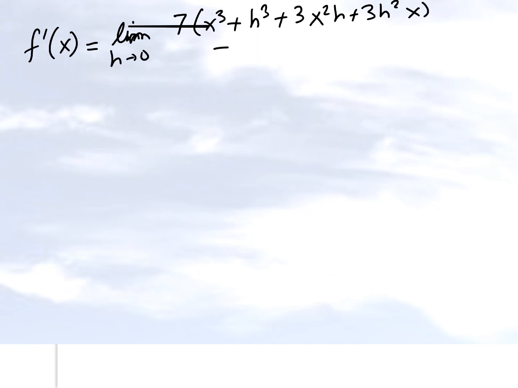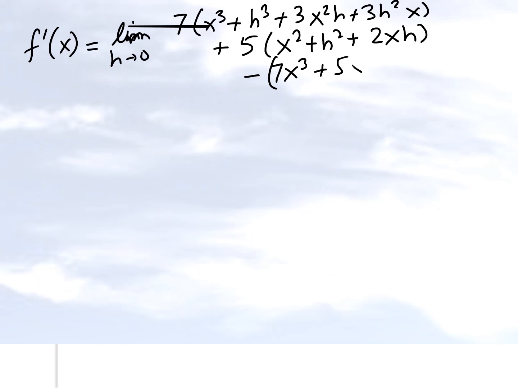Then we expand (x plus h) whole square, we get 5 times (x squared plus h squared plus 2xh). Then we're going to subtract 7x cubed plus 5x squared from here. So that's in the numerator. In the denominator we have h.